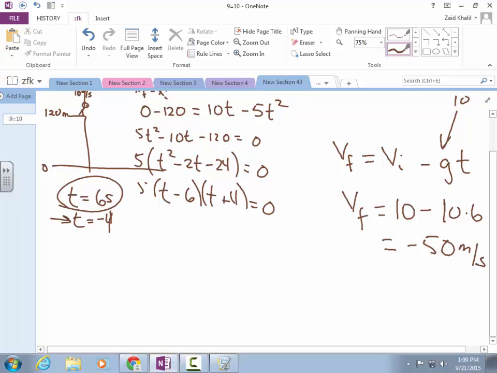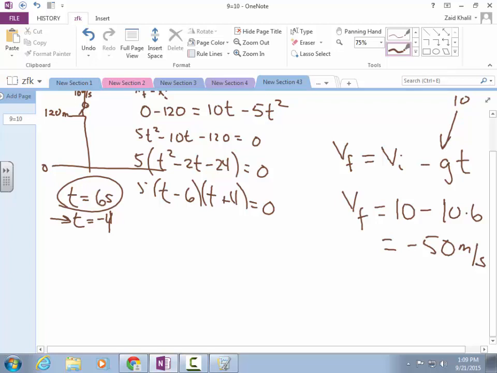Now, what distance did it travel? Clearly, it traveled that 120, but it traveled a little bit more. So what do I need to find? That's right. I need to find the highest point.